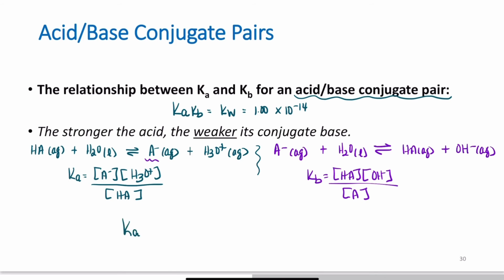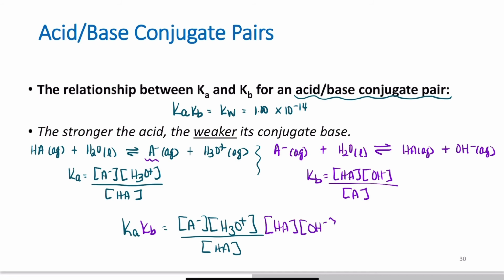Ka times Kb. I've got A minus times H3O plus over HA, times HA over OH minus.